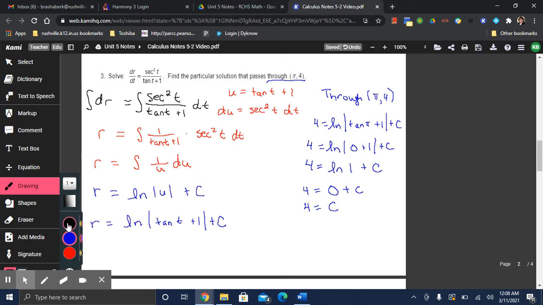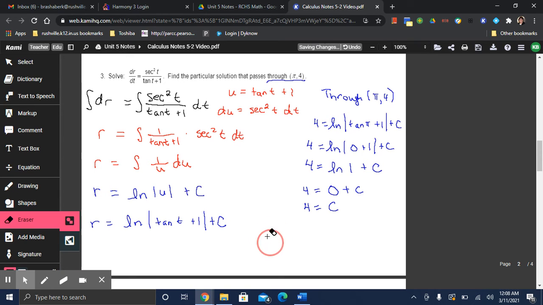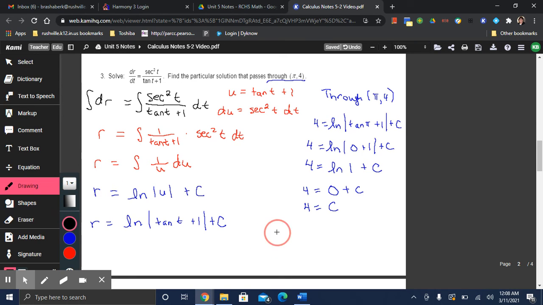And so your final answer, the specific one that goes through the ordered pair pi, 4, is going to be r equals the natural log of the absolute value of the tangent of t plus 1, close that absolute value, and then plus 4.